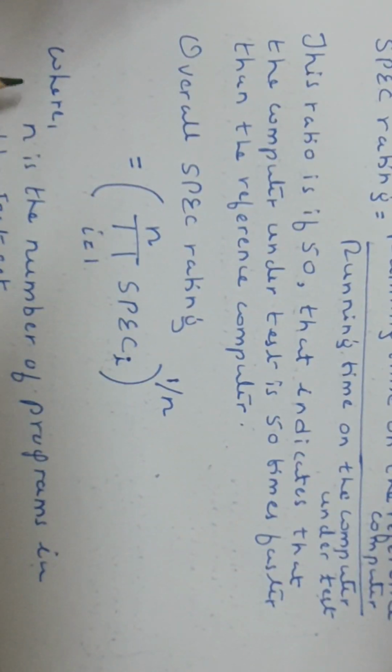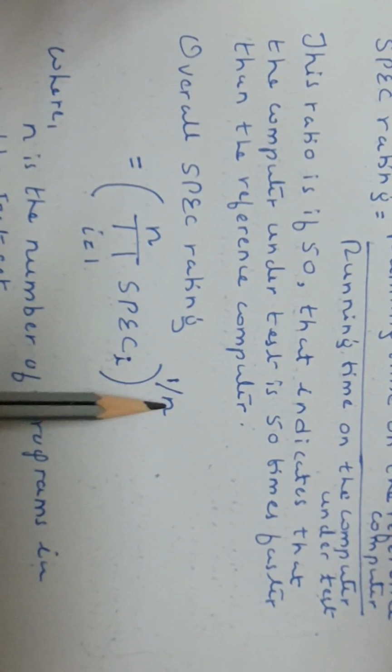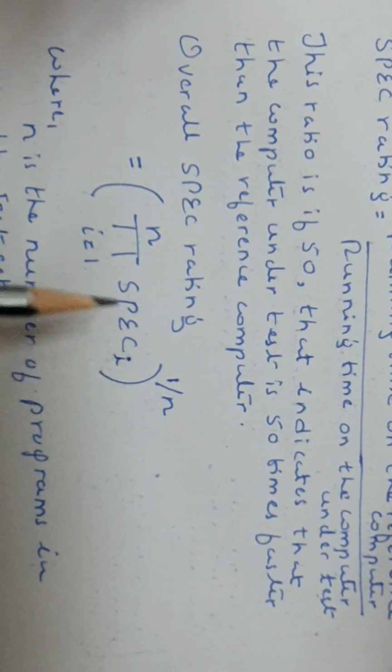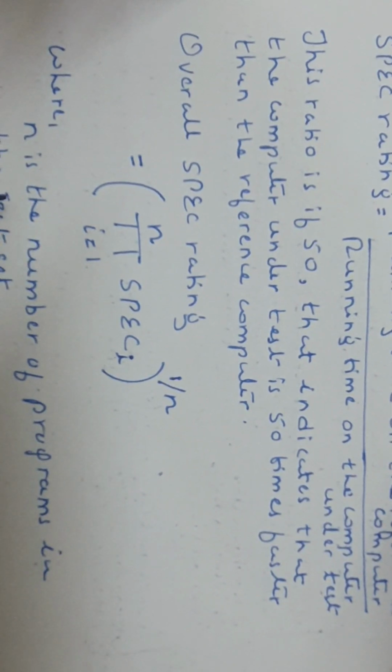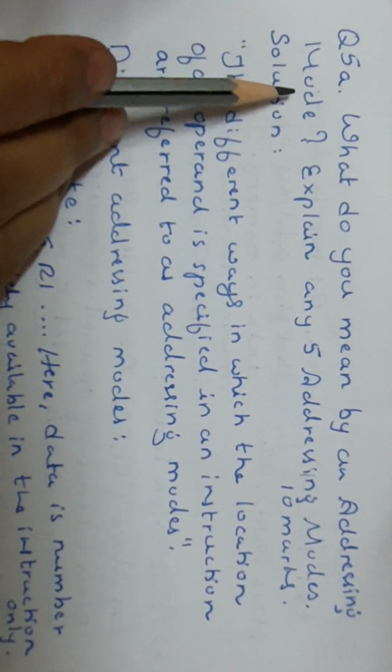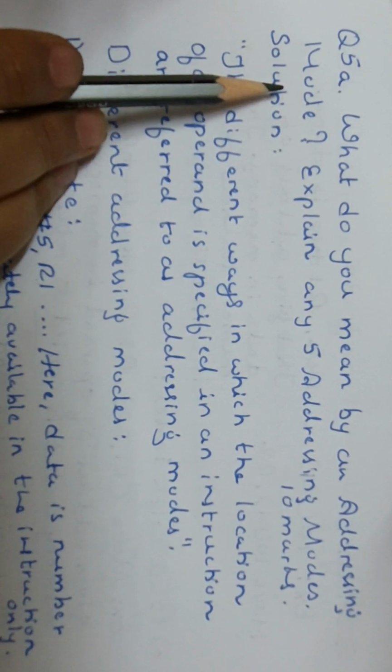Overall SPEC rating is the product from i equal to 1 to n of SPEC_i, whatever values obtained, the whole product to the power 1 by n. So that completes the solution of question number 5C. So that completes the solution of question number 5.